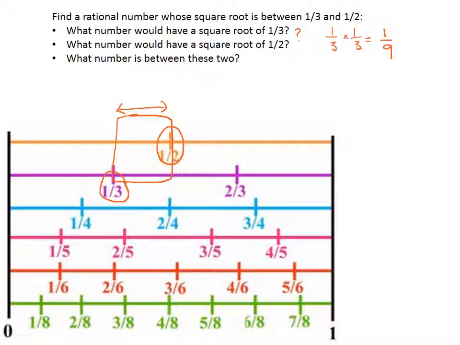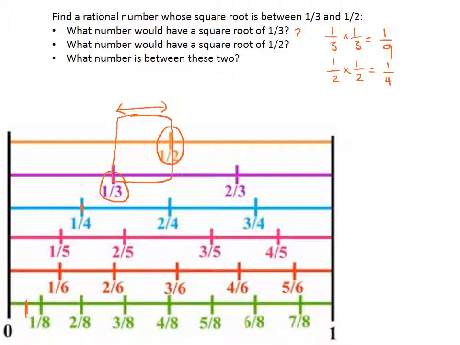So 1/9 is down here somewhere, approximately. And what number would have a square root of 1/2? Well, again, if we squared 1/2, it would tell us which number has the square root of 1/2, and that's 1/4. And 1/4 is right here.